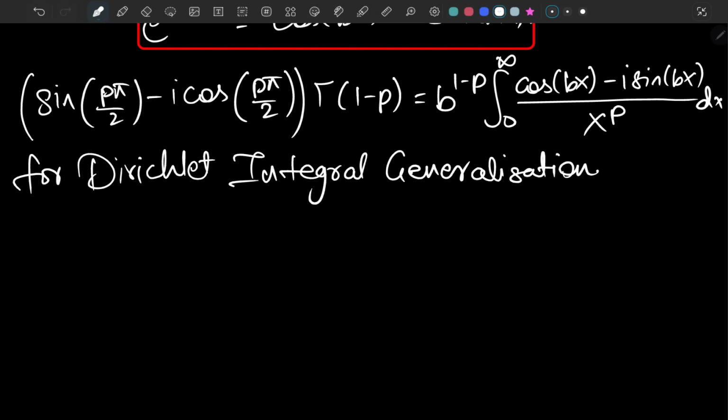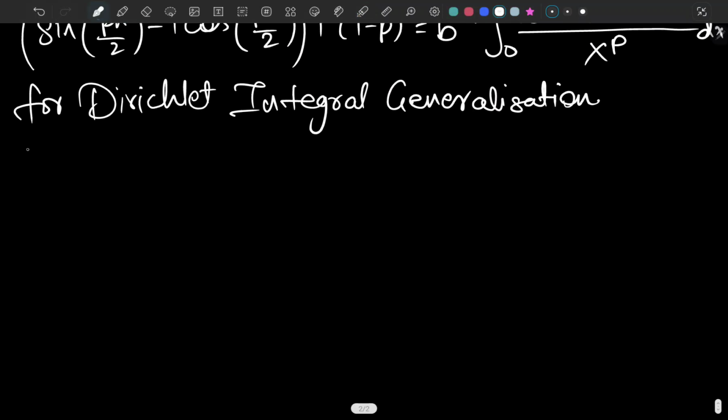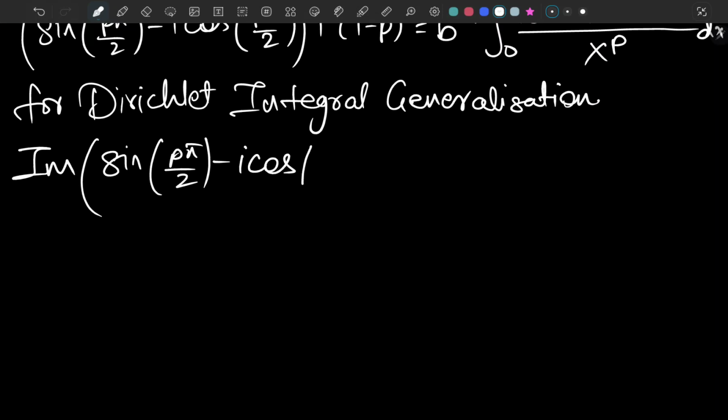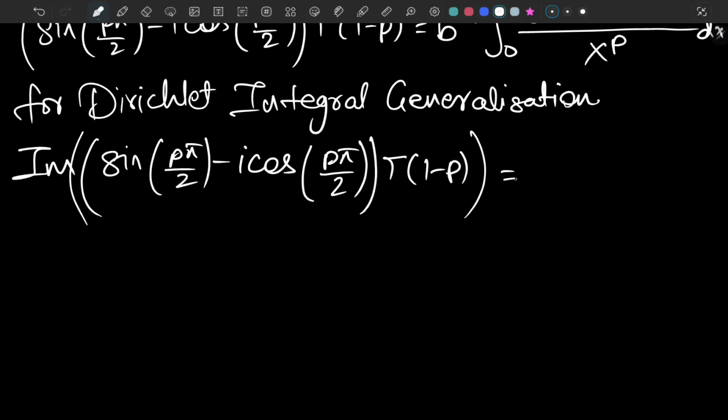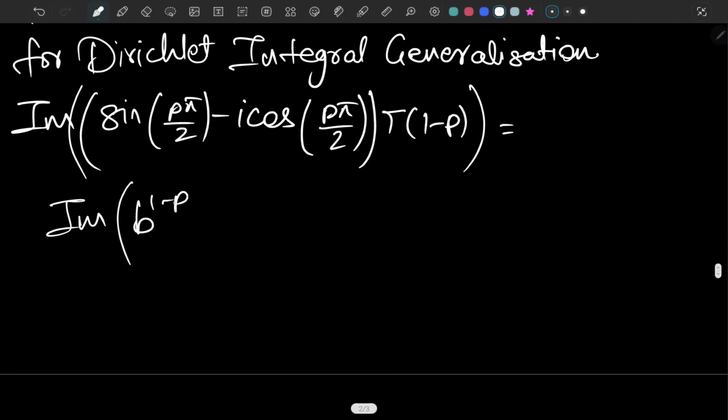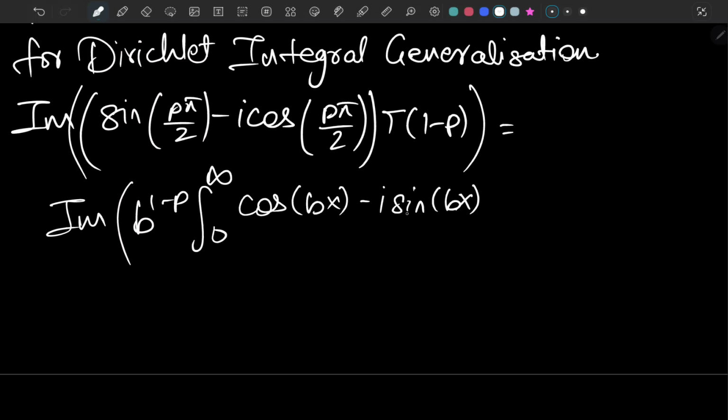So taking the imaginary part: the imaginary part of sine of p pi over 2 minus i cosine of p pi over 2 and gamma of 1 minus p equals the imaginary part of this integral, b to the 1 minus p times the integral from 0 to infinity of cosine of bx minus i sine of bx over x to the p dx.